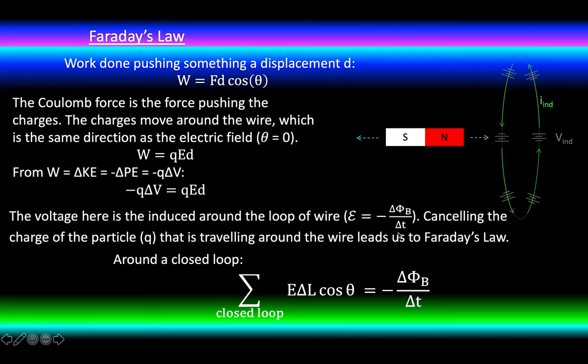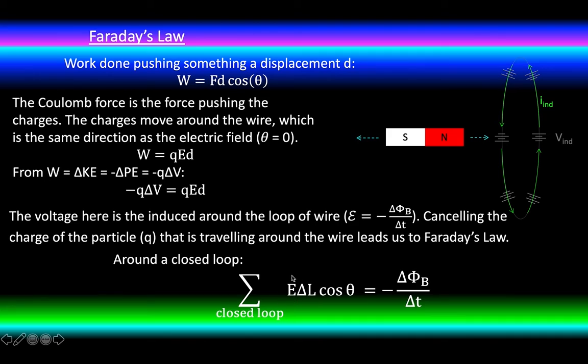So within this, here we have our electric field, which we wrote right here. Here, D was the displacement as we move around the wire. In some of the previous slides when we talked about Ampere's law, we used lowercase d to represent the distance between some capacitor plates. Here, this lowercase d is the displacement the charge moves, so basically the distance around the wire.